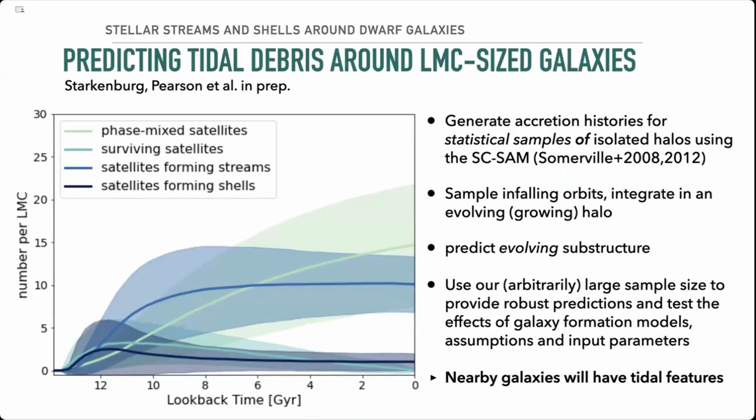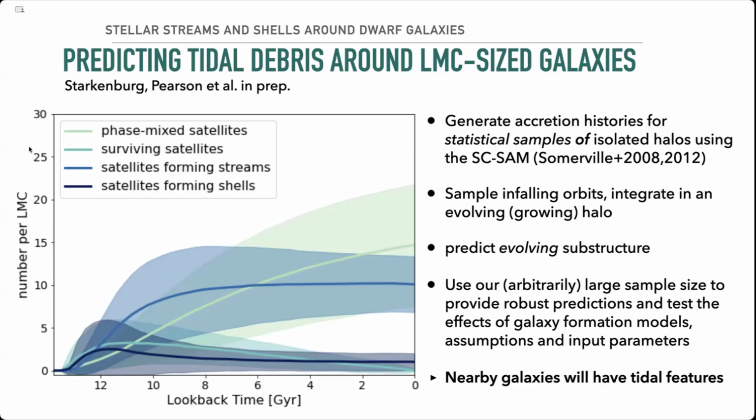Okay. Yeah. This is very interesting because if I correctly understand this plot, the satellites forming shells, basically they form shells at the beginning in very early eras. This means that we should not see new objects forming shells in more recent times.